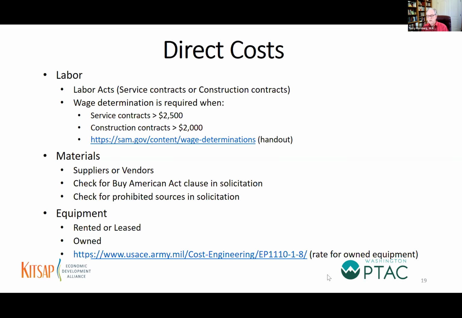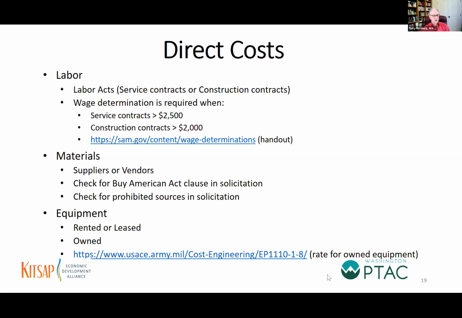That's why it's so important to read every line in the solicitation, all the amendments and all the associated documents, and that's what we covered in my class in August. Review of a solicitation is so important, to know what's in there, so you can put your price proposal, your cost proposal, together accurately for where you have to buy your materials.